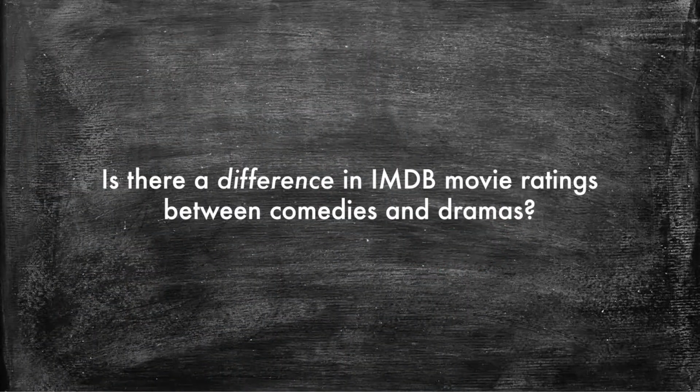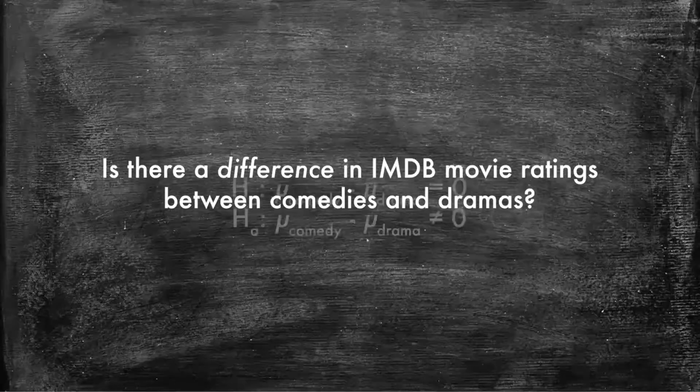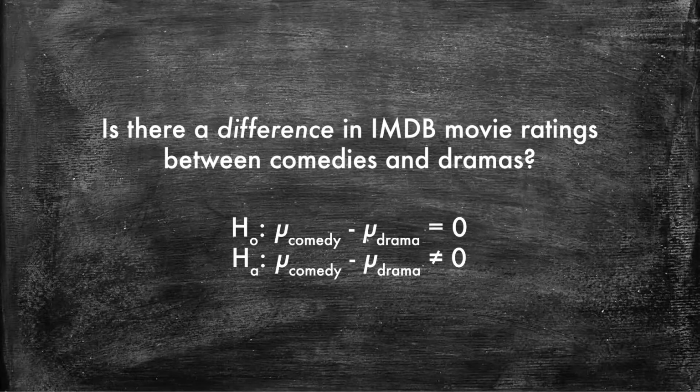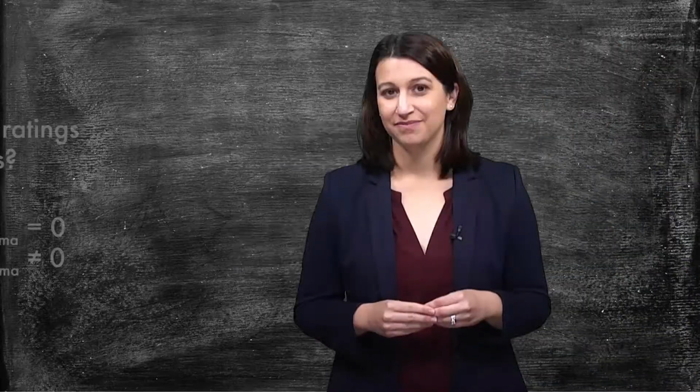Now we can write our hypotheses for the test. Here you can see that I have made a change in my notation from our previous tests. Because we are now comparing two separate populations represented by two separate samples, we will use two mu's in our hypotheses.